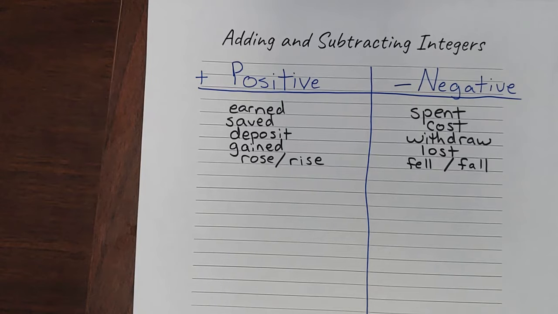Can somebody give me an example of something that rose or rise and then fell then fall? Say it again, you were kind of quiet. Wait, is this better? Yeah, I can hear you. You said it rose. How'd you say it? Rose or rise, because they're kind of the same thing.